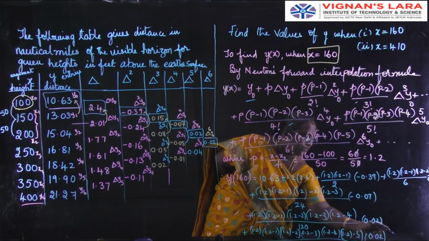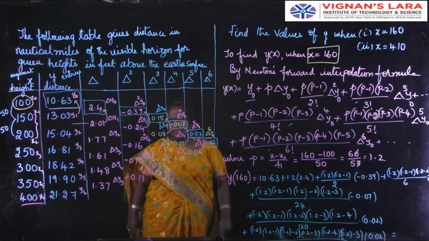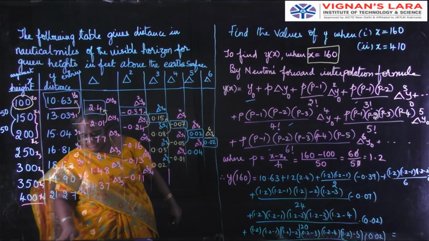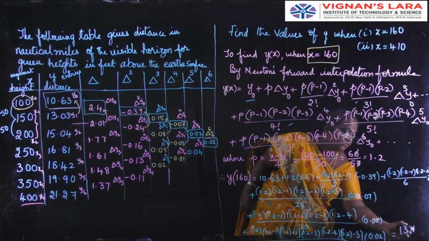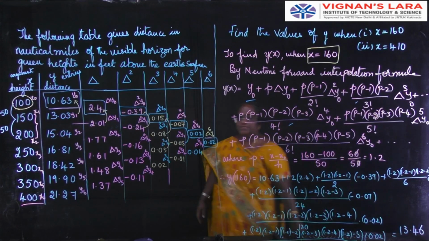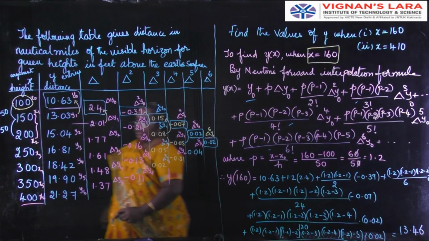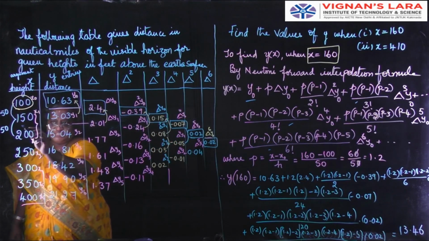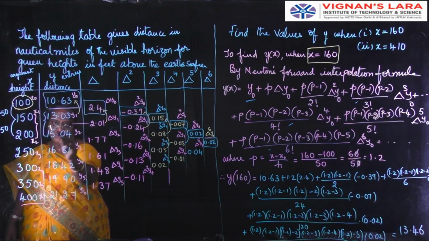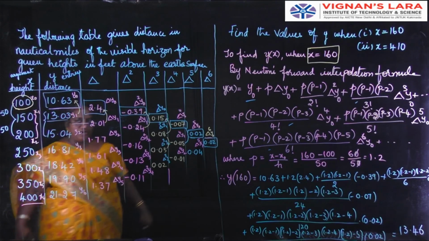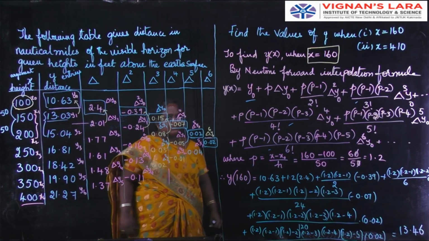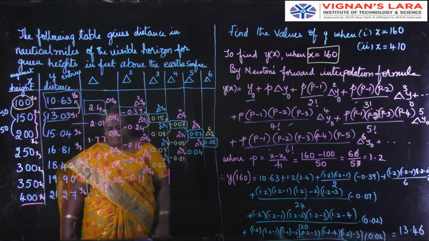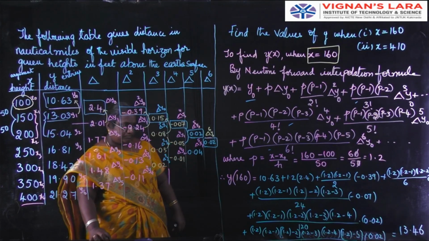If you calculate term by term, you will get the answer as 13.46. Now see where 13.46 lies. We are calculating at 160, so your answer should be between 13.03 and 15.06. So we get 13.46.